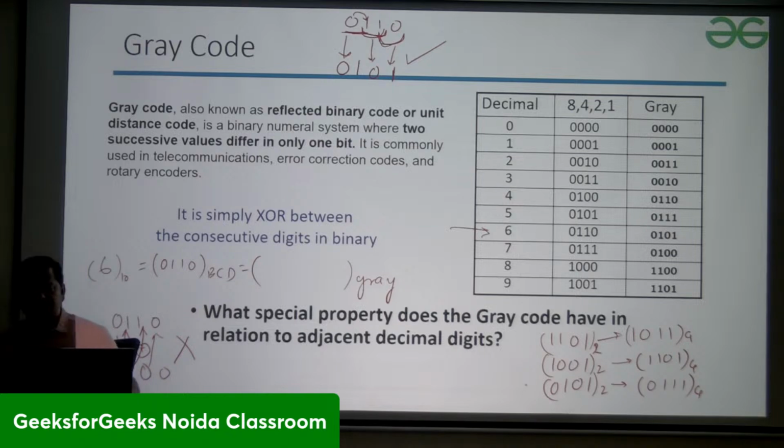Everyone is getting the same answer. So you can cross-check here. 0101 is 5 and the corresponding gray code is 0111, which is just what you answered. Look at 9: 1001. The equivalent gray code is 1101, and you have answered the same.